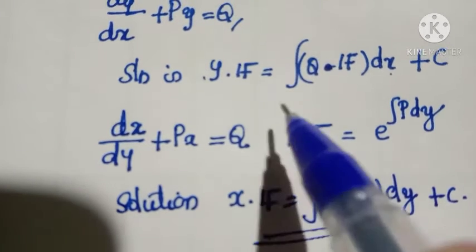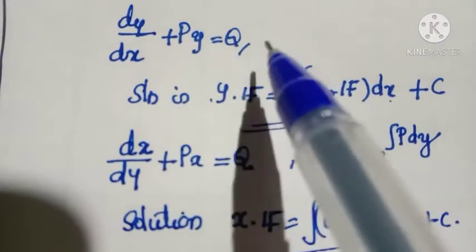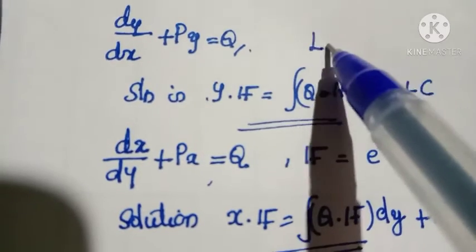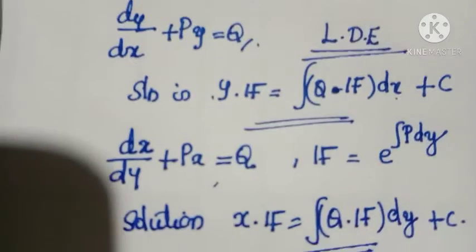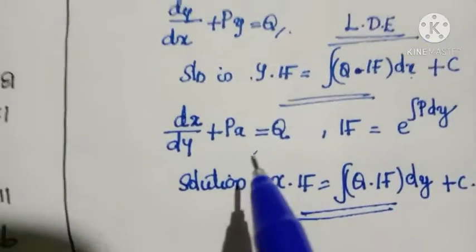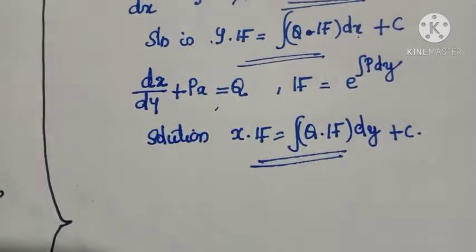See the difference? Using these two formulae, we can easily find the solution of these two forms of first order linear differential equation. We will discuss some examples of how to find the solution.